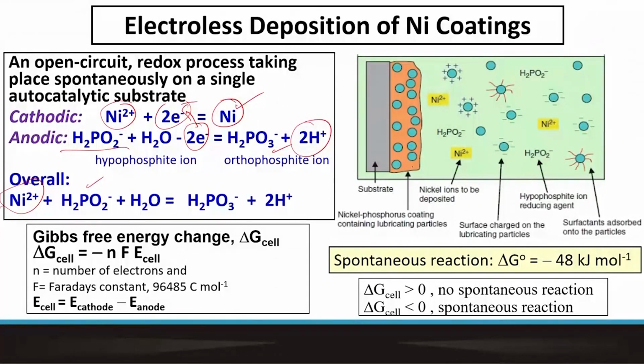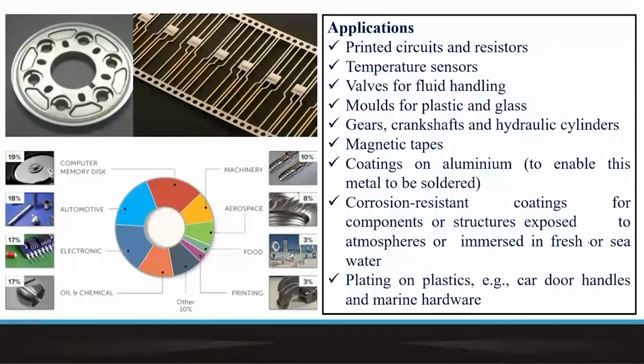So this reaction is spontaneous when we have a negative value of the Gibbs energy change. Typical applications could be on computer memory disks, so nickel coating on them for wear and corrosion resistance, automotive parts, electronic items, oil and chemical machineries or components, various printing jobs, food items or food containers, aerospace components, machineries, and so on.